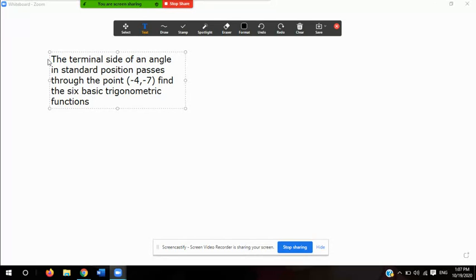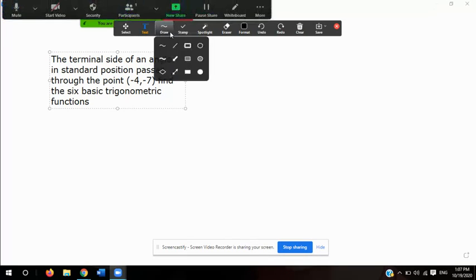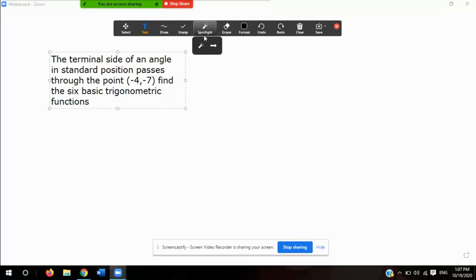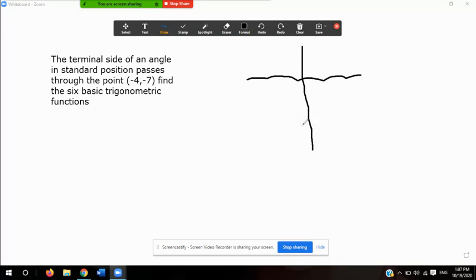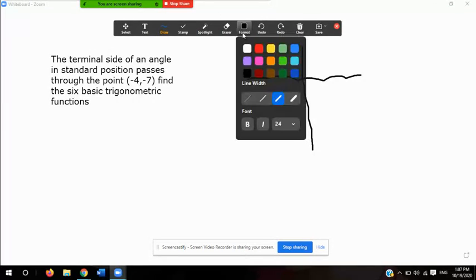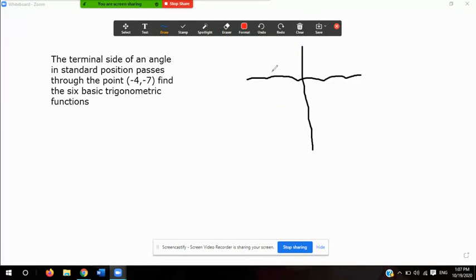Okay, so we're going to draw the figure, and we have our Cartesian plane. And we have our ordered pair -4, -7. So that means that x is going to be -4: 1, 2, 3, and negative 4.